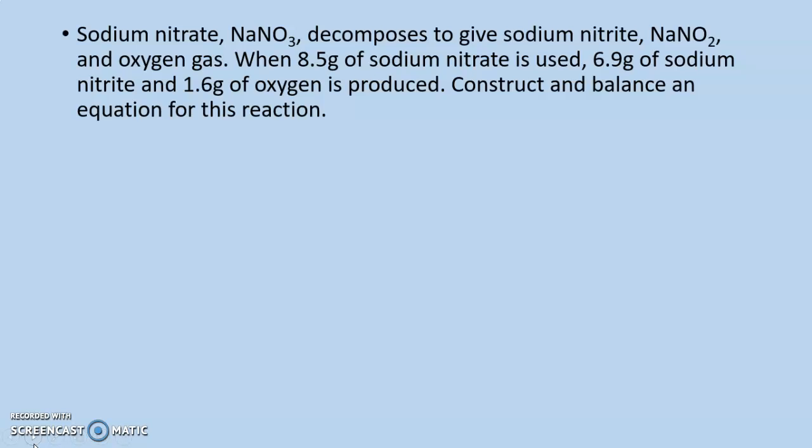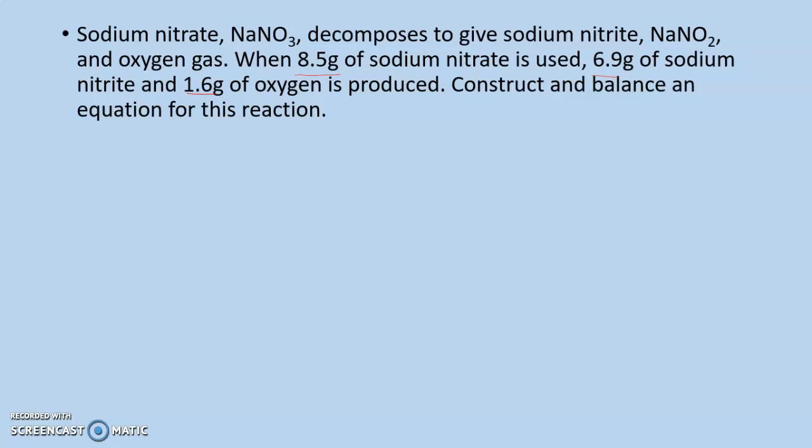In this question, they've said sodium nitrate decomposes to give you sodium nitrite and oxygen gas. That's the data. When 8.5 gram of sodium nitrate is used, you get that much amount of sodium nitrite and that much amount of oxygen. You've got to use this data to construct and balance an equation.